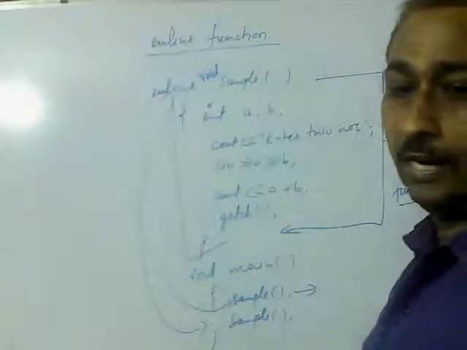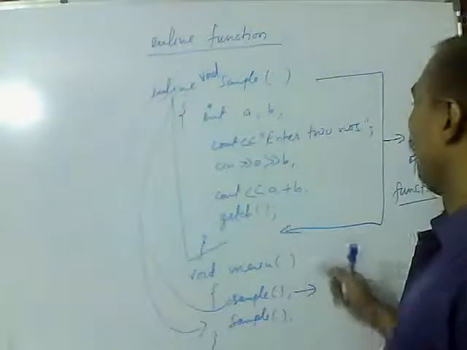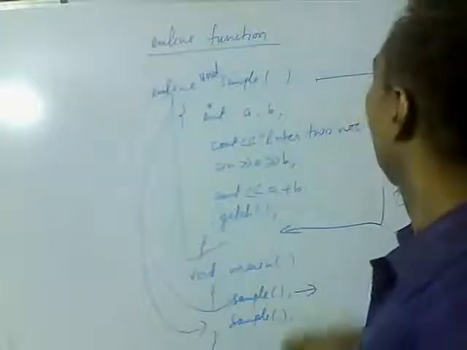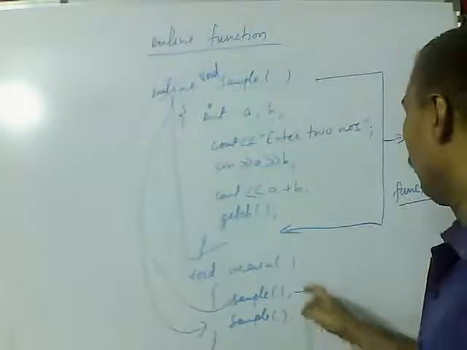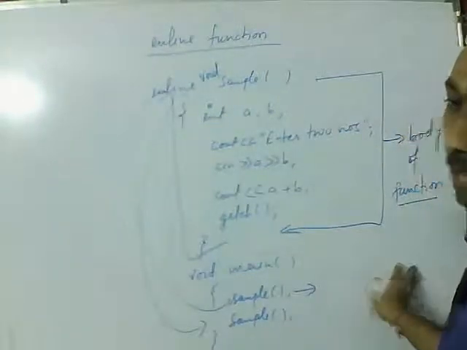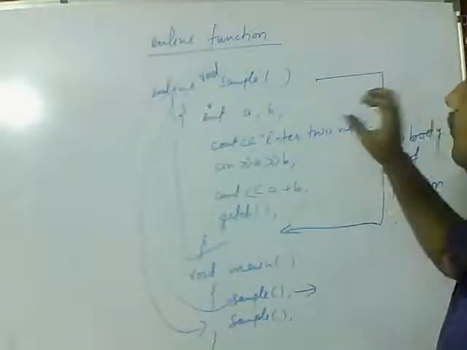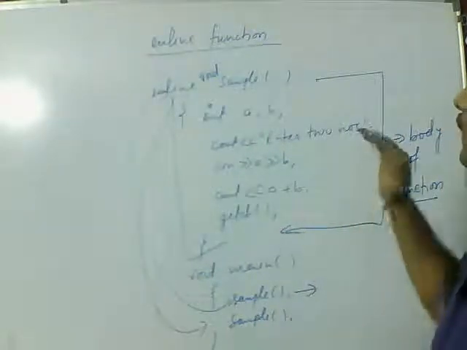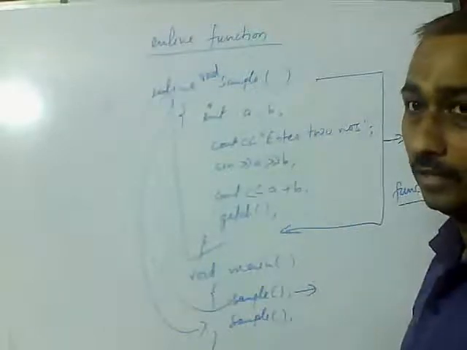And the second one is, if the inline function is having any argument, whenever the arguments are passed to the function, the compiler is using a stack and maintaining the stack for movement of the variables in the function.